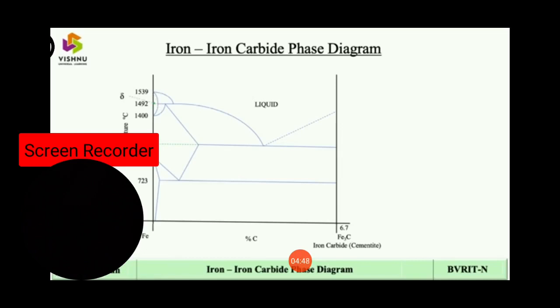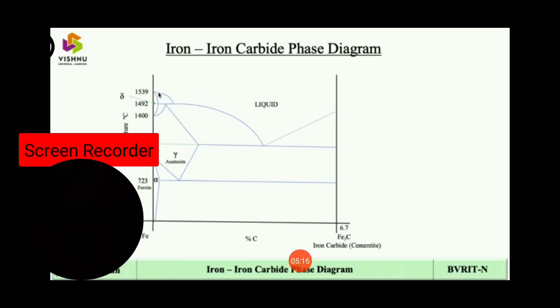Like we have already discussed, from 1539 to 1400 degrees centigrade we have delta iron. Below delta we have gamma from 1400 up to 910, which in this case is austenite. We'll come back to that. Then below 910 we have alpha iron, which is ferrite. We will discuss that ferrite shortly.